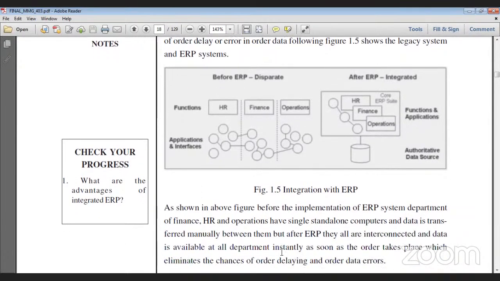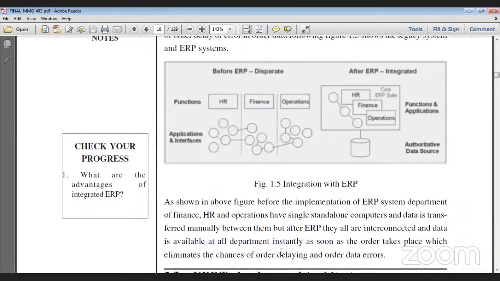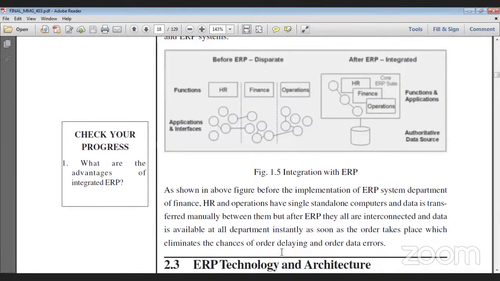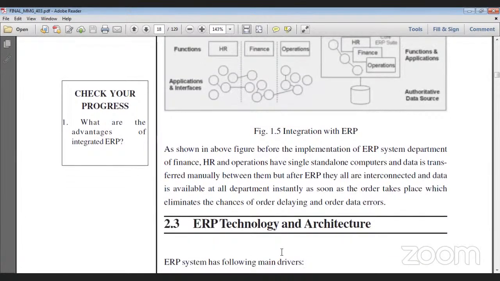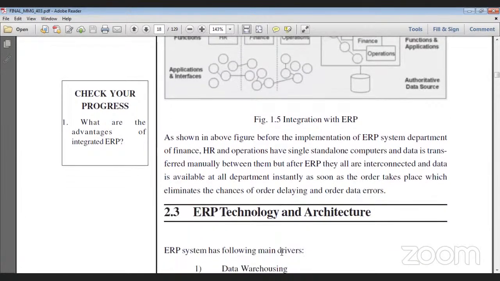But after ERP, they are all interconnected and data is available at all departments instantly as soon as the order is placed. Then the next point is ERP technology and architecture.